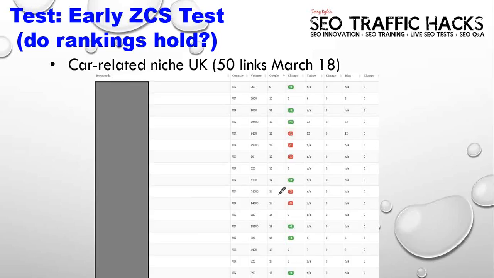Down here we can see we're at position 14 for 74,000 a month. I think that's slipped down a few places, which was previously bottom of page 1, but still not bad actually, and holding up pretty well.